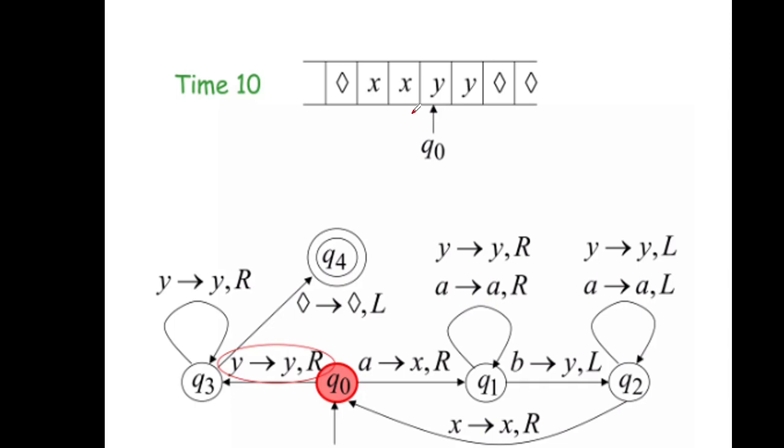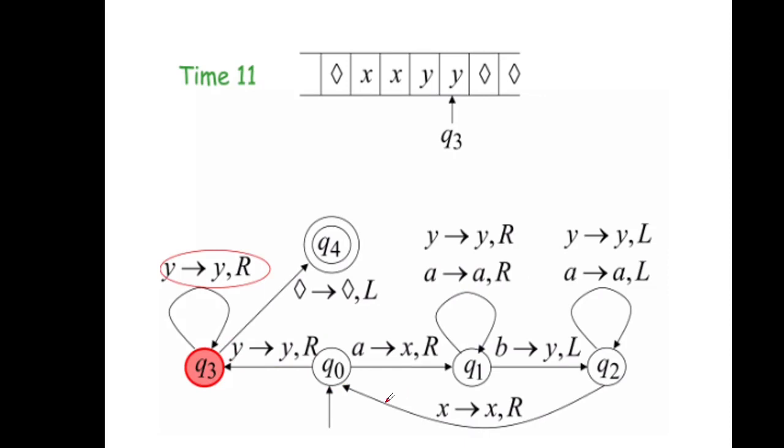Here it moves right and takes the symbol Q naught. It is in the same state Q naught, and again it reaches the Q3 state. It moves right and takes the next symbol Y and moves right, staying in the same state Q3.